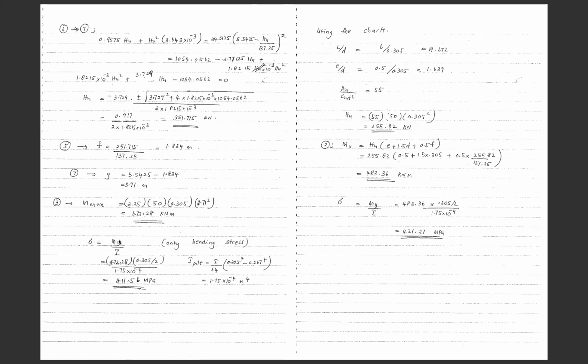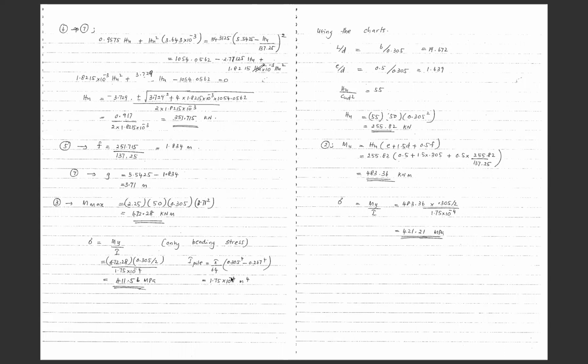M max, multiplied by the distance from the neutral axis to the extreme fiber where we calculate the maximum bending stress, divided by the moment of inertia of the system. The moment of inertia for the pile, because it is a cylindrical pile, is given in this equation, which you already know: pi divided by 64, multiplied by the external diameter to the power 4 minus the internal diameter to the power 4.